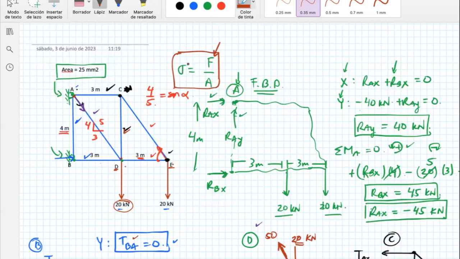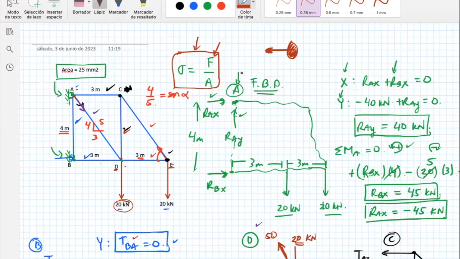So for the normal stress, you can care about the tension or compression part, but it's not that important, okay? Maybe that's a bad suggestion. It depends on what your professor is telling you or which book you are reading. But for normal stress calculation, the sign is not very important.